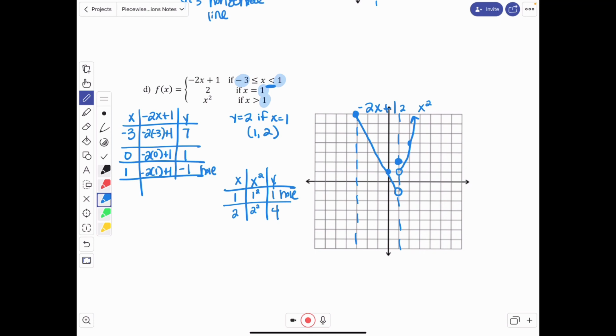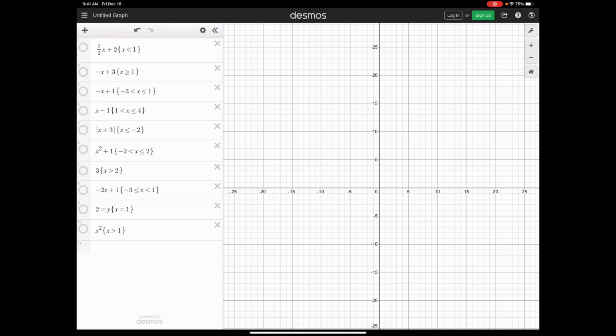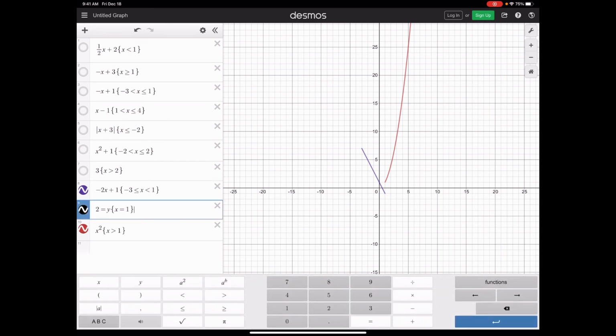If we want to check Desmos to see what this one's going to look like, we've got this one. Now, our point's not going to show up on Desmos for this one, the way we've got it typed in, but that's going to be our point. It's going to be 1, 2. So if I were to redo this one and just do it as a coordinate, then that would actually give me my point.